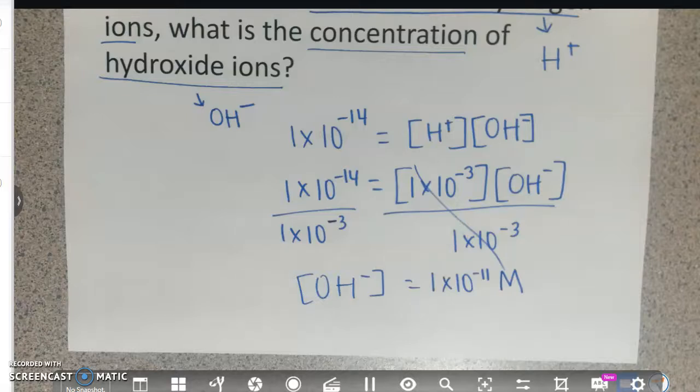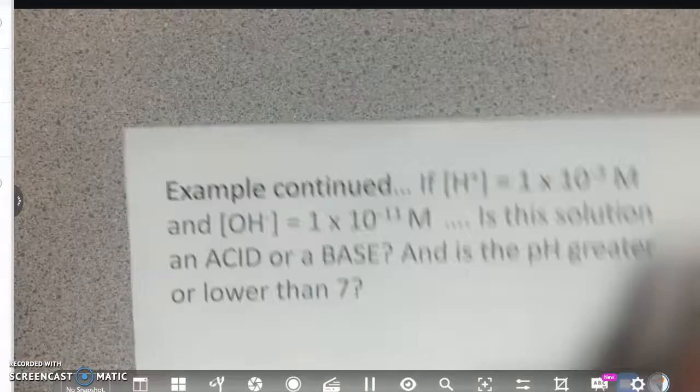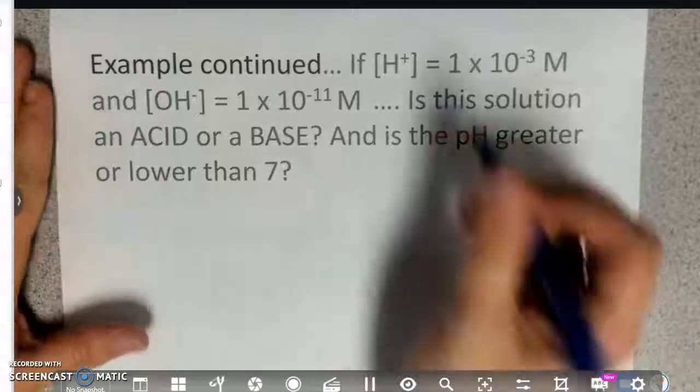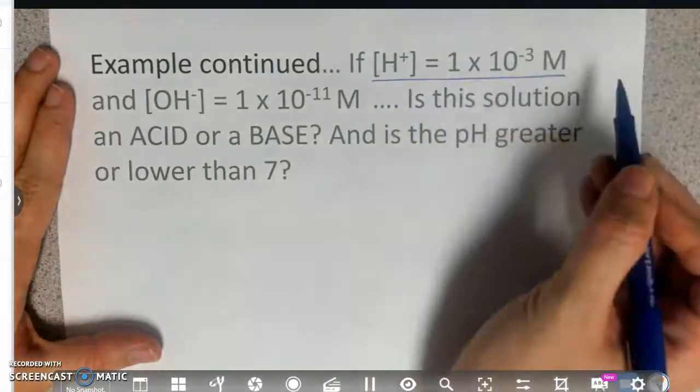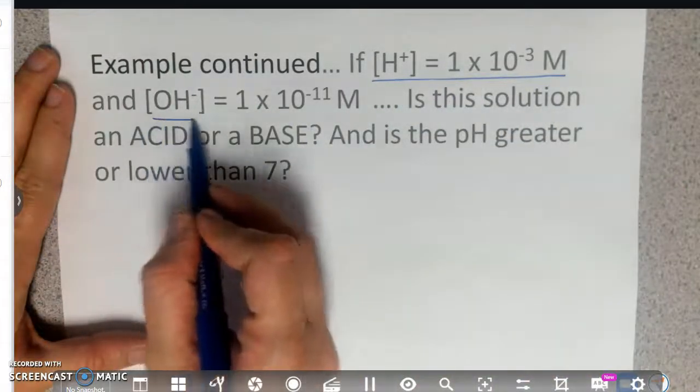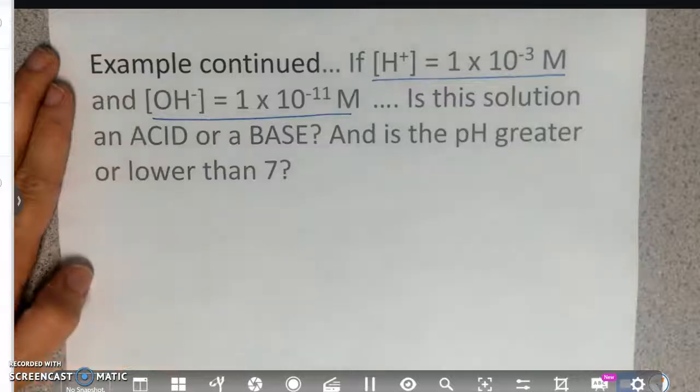Now, this problem continues. If my hydrogen ion concentration is 1 times 10 to the negative 3 molarity, and my hydroxide concentration is 1 times 10 to the negative 11, is this solution an acid or a base? And then what would my pH be?